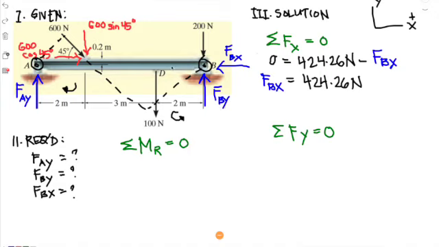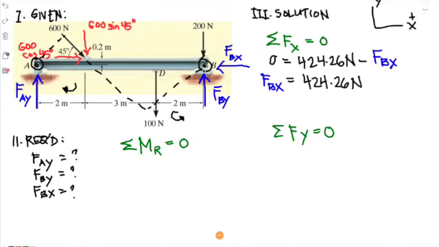First, let's do a summation of moments at point B. So again, why do we select point B? Because we want to cancel as many forces as we can. So if we do a moment summation at point B, we already cancel 3 forces. If you can recall our lesson about principles of moments, if the force intersects the point, it will have no turning effect on that point.